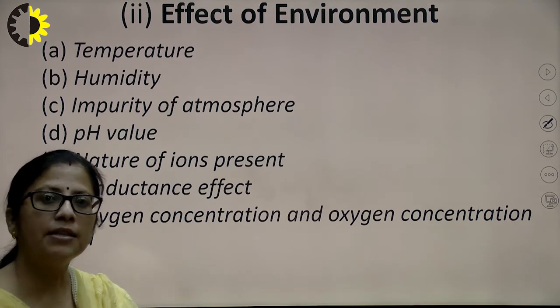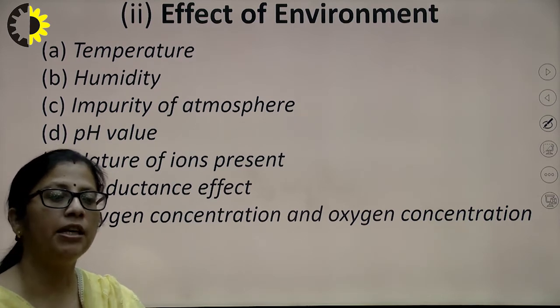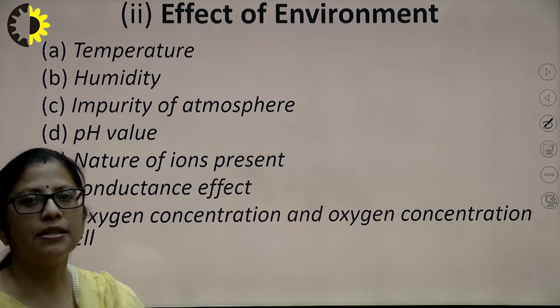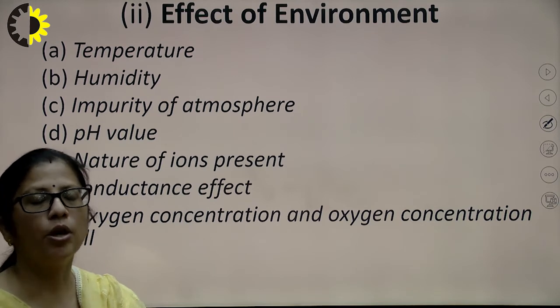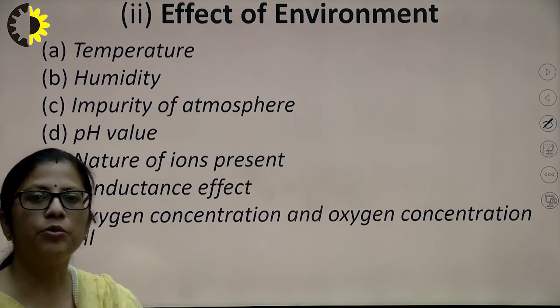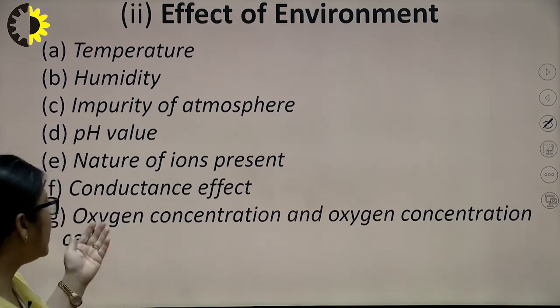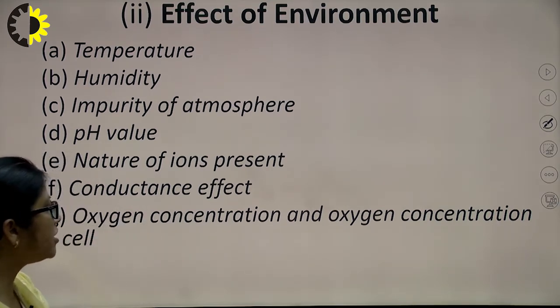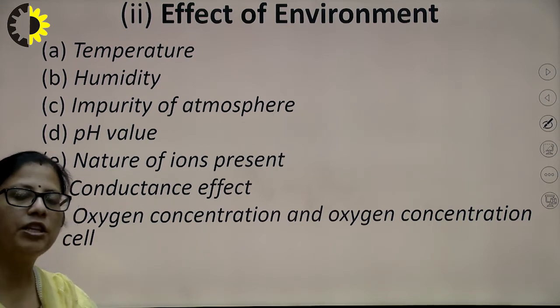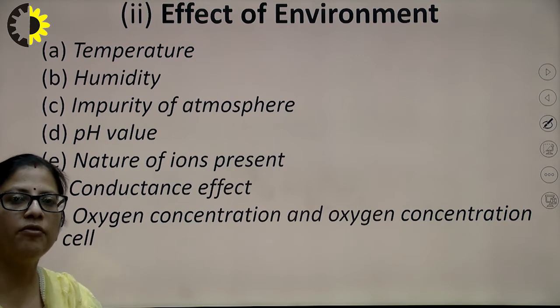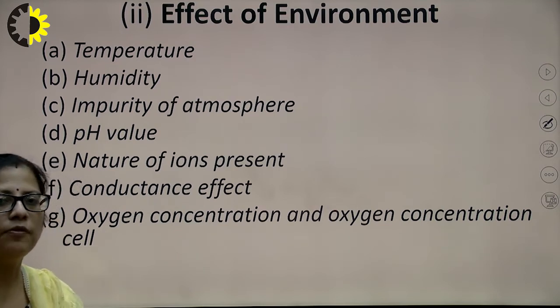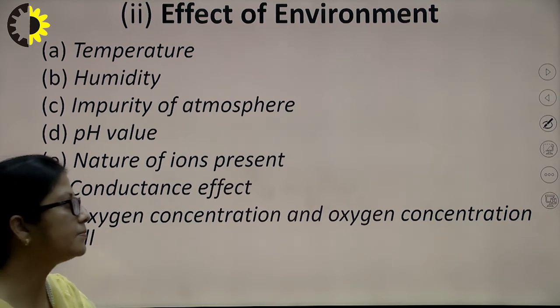If they have an affinity towards gases or oxygen or water, then obviously the rate of corrosion will increase. Then next, the conductance effect, and finally oxygen concentration and the oxygen concentration cell. If the concentration of oxygen varies, then the rate of corrosion will be high.